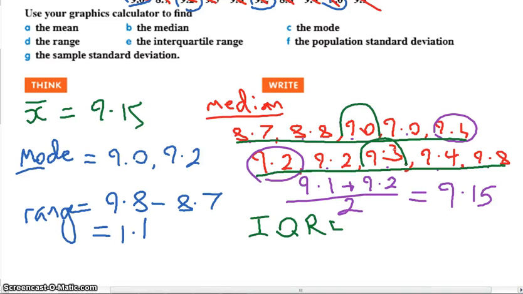Between those two. Like it wasn't 9.1 or 9.2, so we haven't used them. We had 9.15, so we still use 9.2 and we still use 9.1. Cool? So then we've got interquartile range is 9.3 minus 9.0, which equals 0.3. Happy with that? Yep. Excellent.